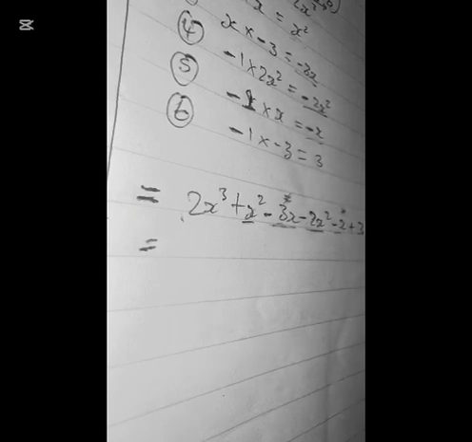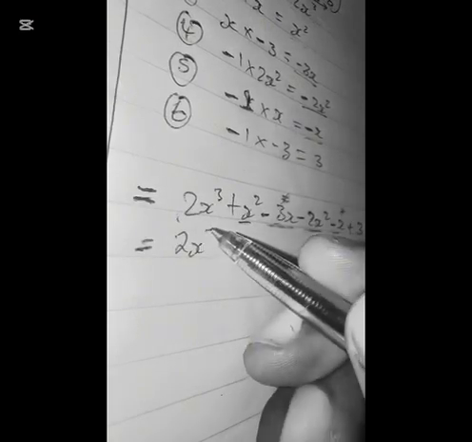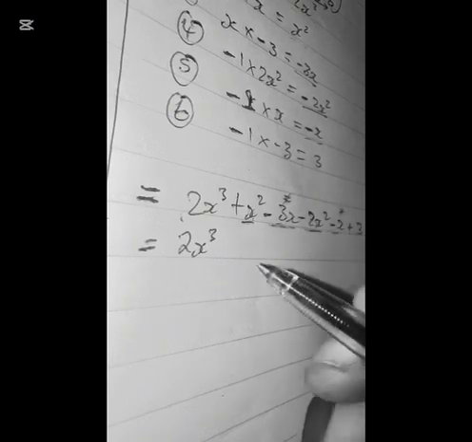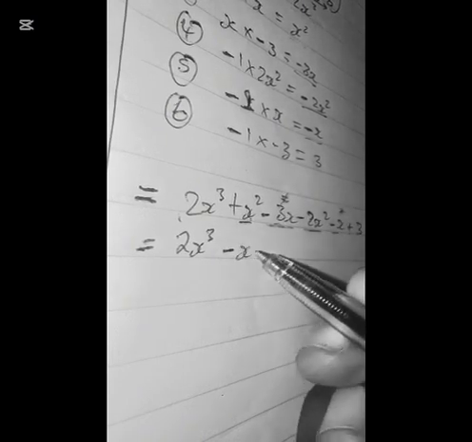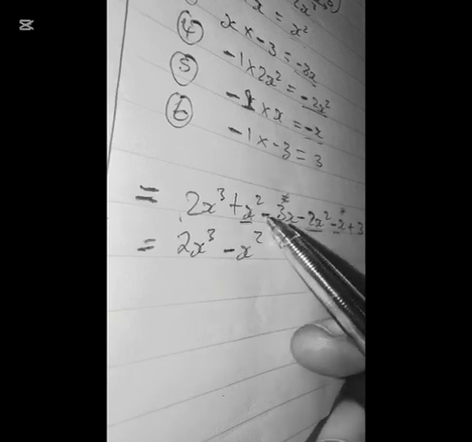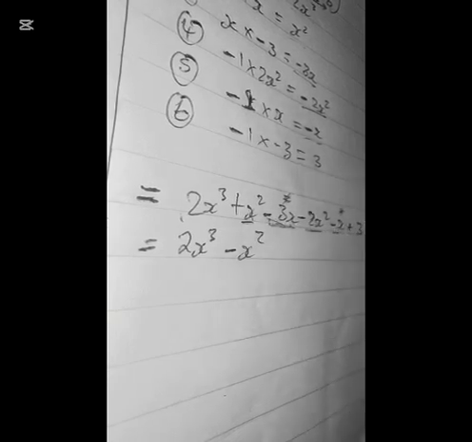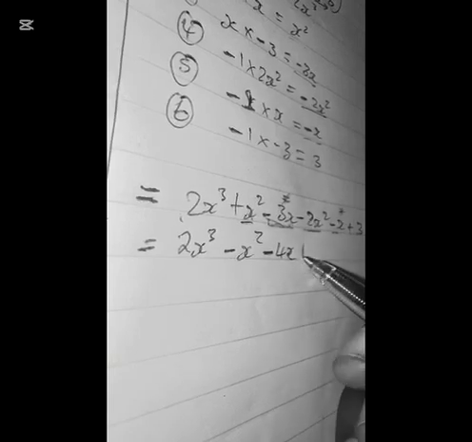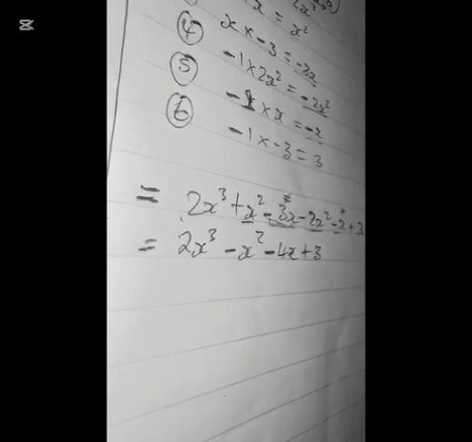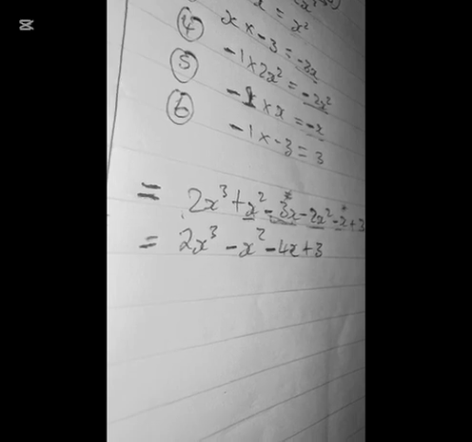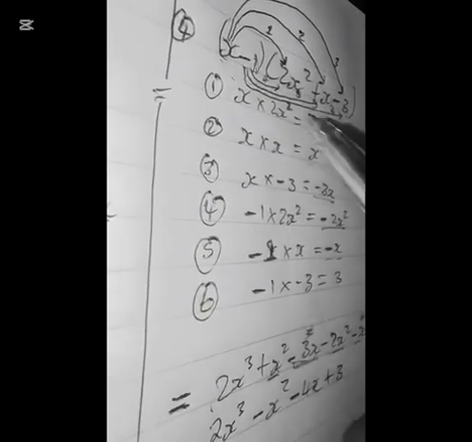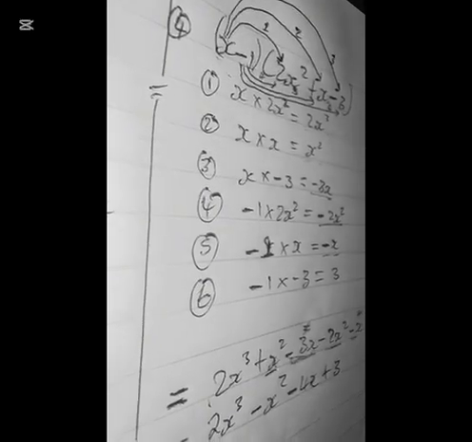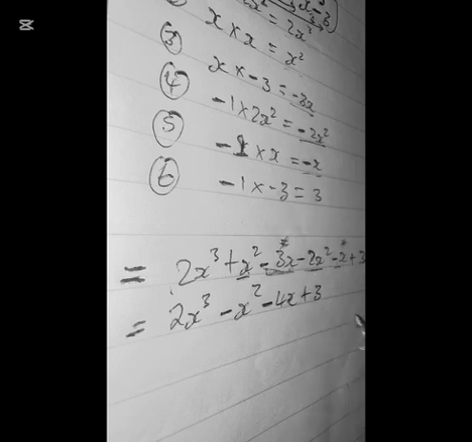So collecting like terms, we have 2x cubed, x squared minus 2x squared gives negative x squared, then negative 3x minus x gives negative 4x, then we add this 3. So this means the product of this expression is this.